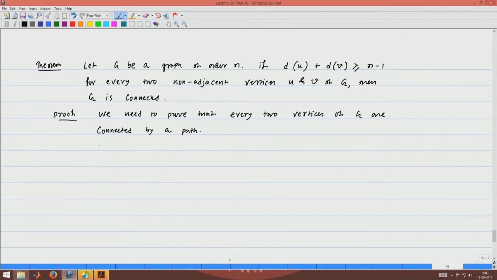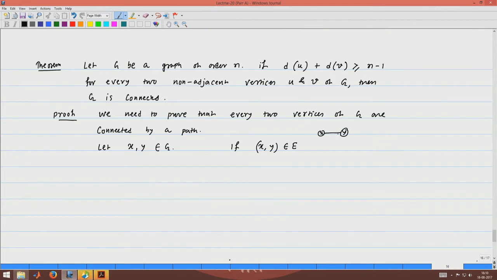Now, first let x and y be two vertices of G. The first case is that if x and y are adjacent, that means there is an edge between x and y, like this is x, this is y, then there is a path.